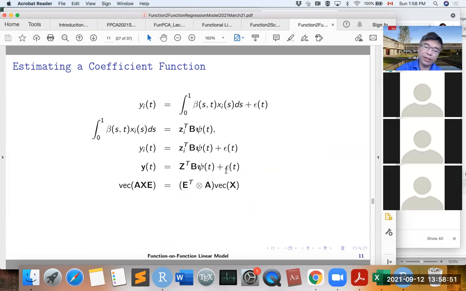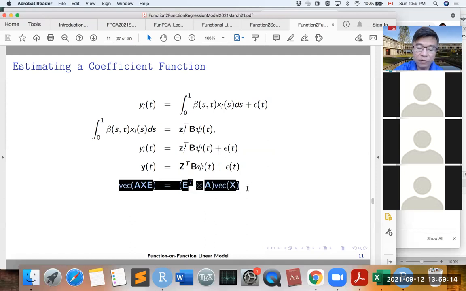So the only thing here is that this B is in the middle, right? We know that if we want to do the least squares estimation, the B has to be on the right side. So what we can do is use this formula.